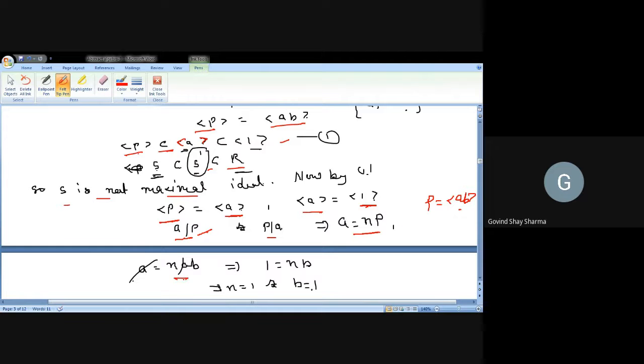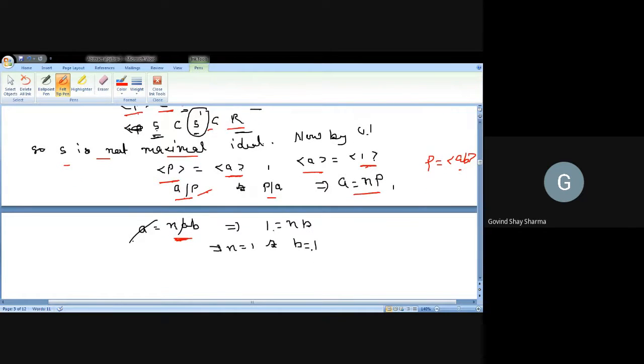So we put the value of P, and the product of two integers is 1, that means n is equal to 1 and b is equal to 1. That is a contradiction, because we have taken that P is composite.